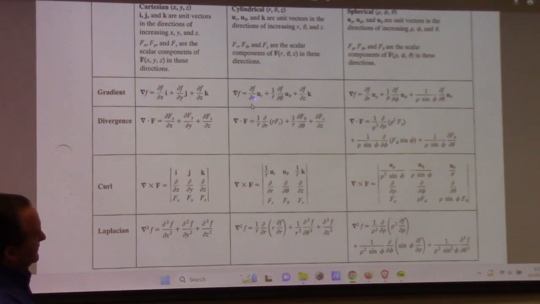Here are the formulas for the gradient in cylindrical or spherical. Here's the formula for the divergence in cylindrical. The divergence in spherical is ugly. The curl, I think you can figure out how to use this formula. And here's how the curl goes in spherical. Here's the Laplacian in cylindrical, and here's the Laplacian in spherical.